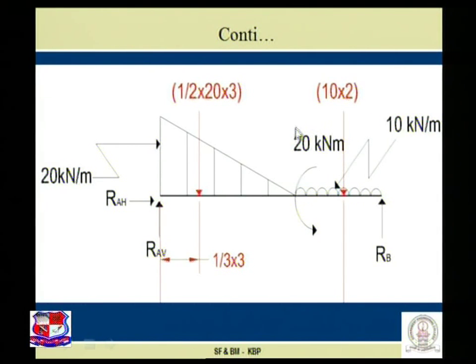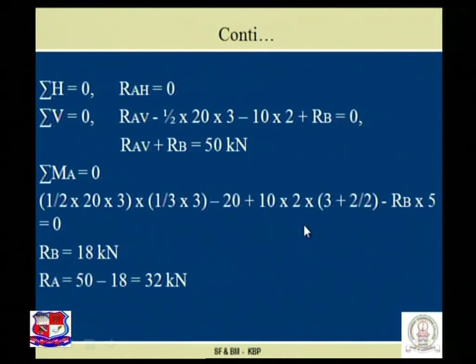There is no contribution of the concentrated moment on sigma V. So RAV plus RB is equal to 50 kilonewton.